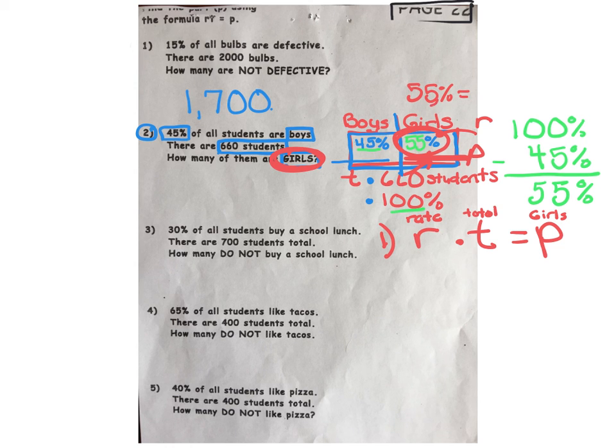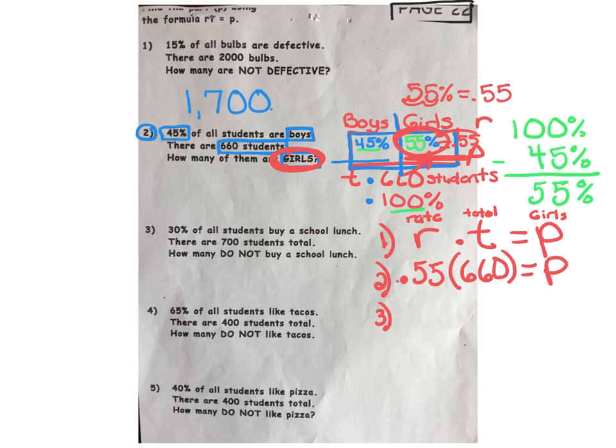We're going to convert that to a decimal and use its decimal equivalent, which is 55 hundredths. So step 2, 55 hundredths times 660 students total equals the part made up of girls.